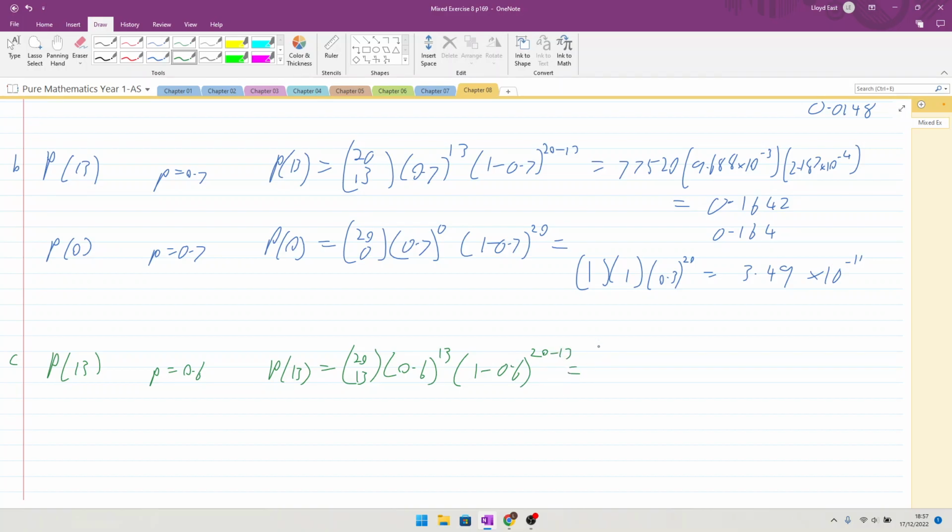So we get the 77520 from the previous question. 0.6 to the power 13 is 1.306 and some change times 10 to the minus 3, and 0.4 to the power 7 is 1.6384 times 10 to the minus 3.